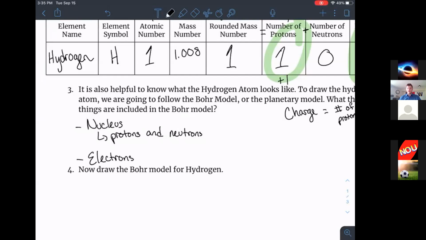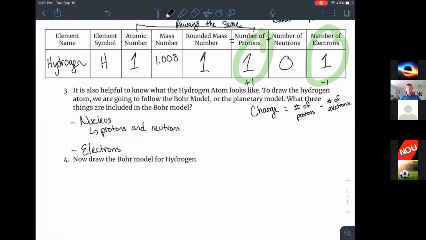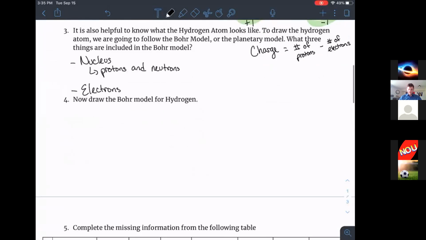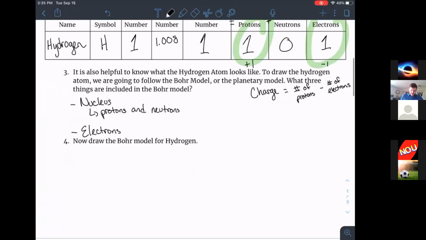When we're drawing this, we're just going to use this table to pull out all the information we need. So I'm just going to rewrite over here that I want my protons, my neutrons, and my electrons. And we wrote that we have 1 proton, 0 neutrons, and 1 electron for hydrogen. So I'm going to use that information to draw my Bohr model for hydrogen.